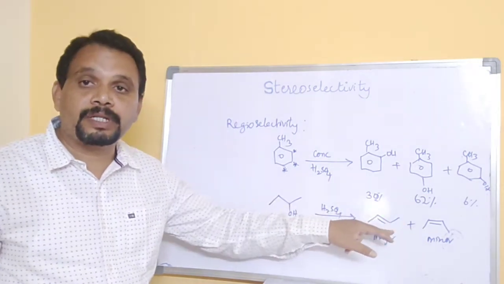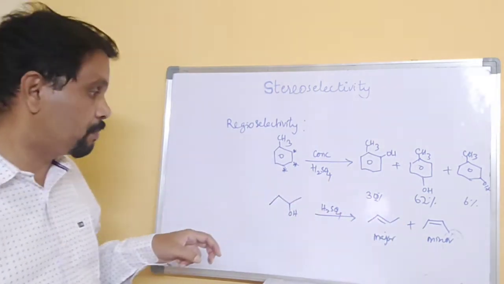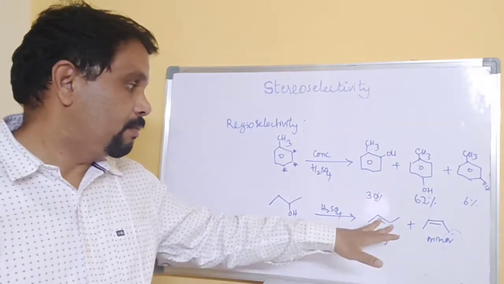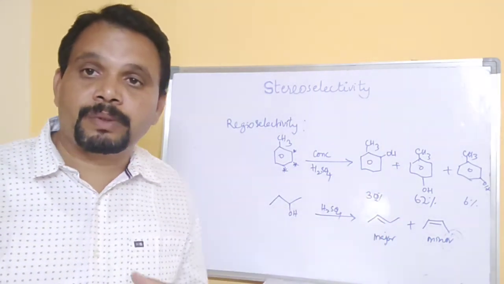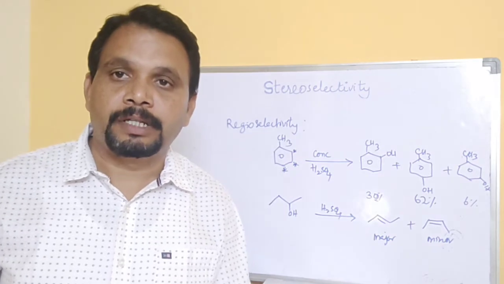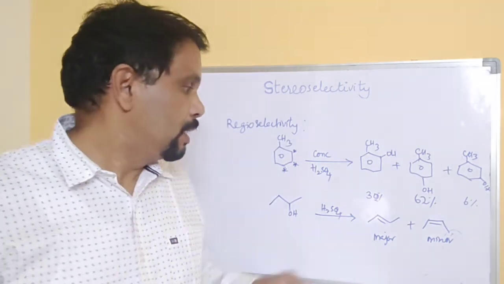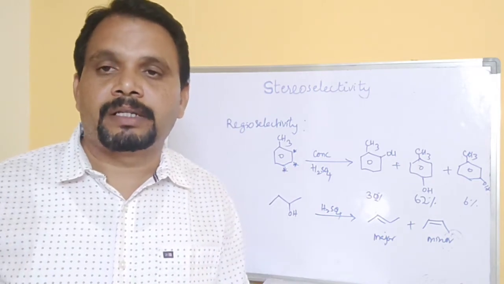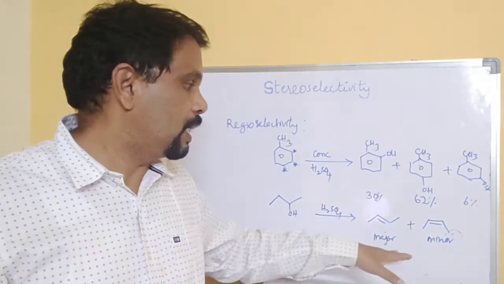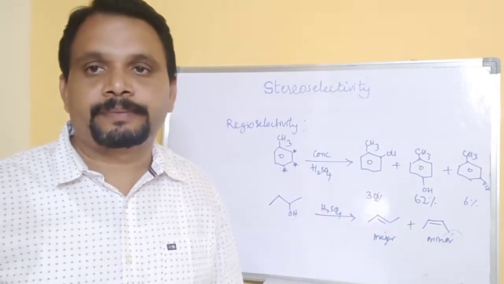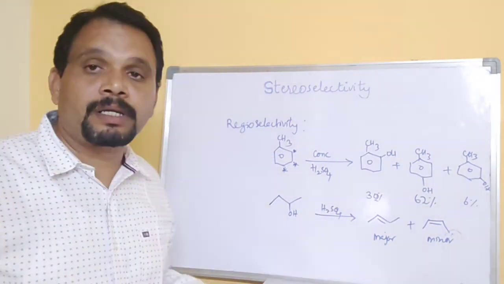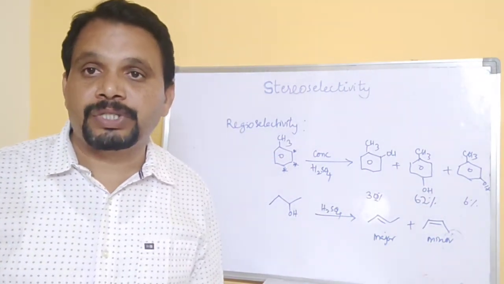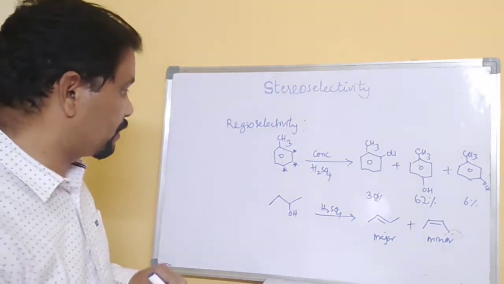Two compounds are formed in this reaction, but among them this trans compound is more in percentage. This trans compound is preferably formed majorly or predominantly over the other possible isomer. This is known as regioselectivity.